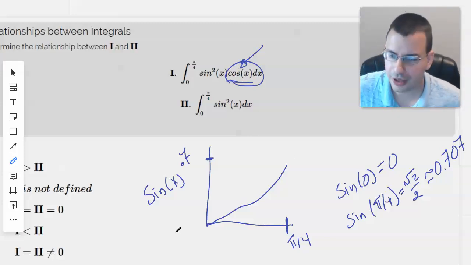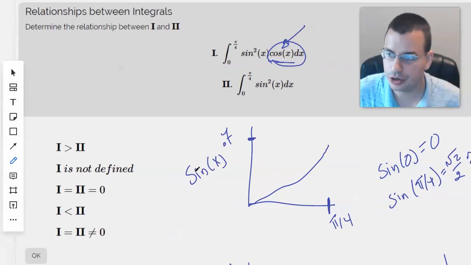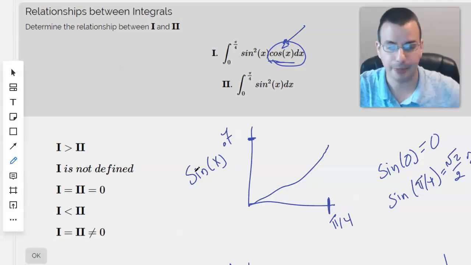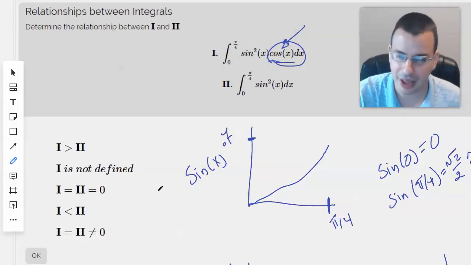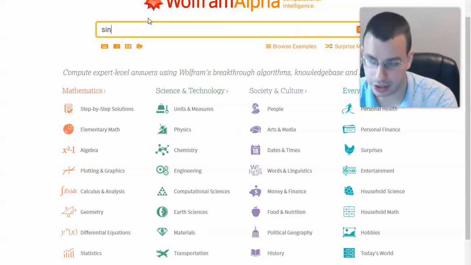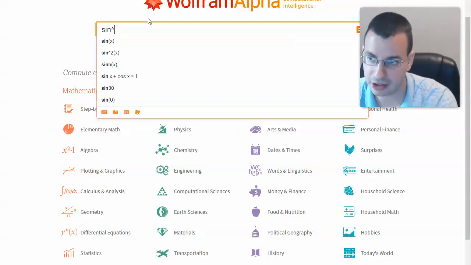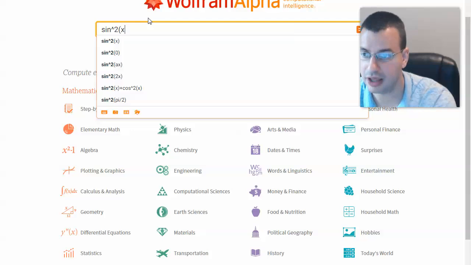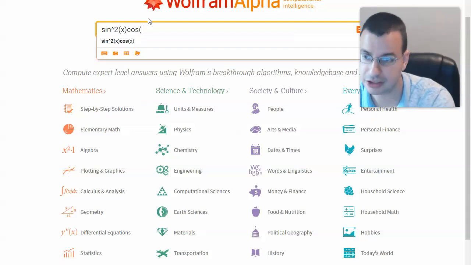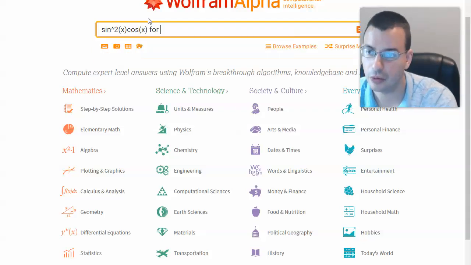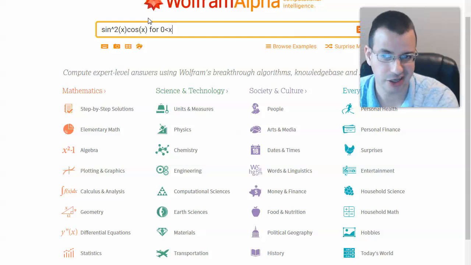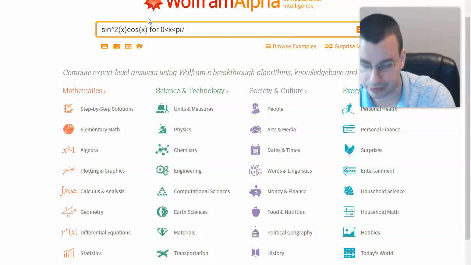I know you really won't have time to graph this when you're taking an AP exam, and you definitely won't have access to Wolfram Alpha. But let's take a look at what it would look like. So we have sine squared of x cosine of x for 0 less than x less than pi over 4.